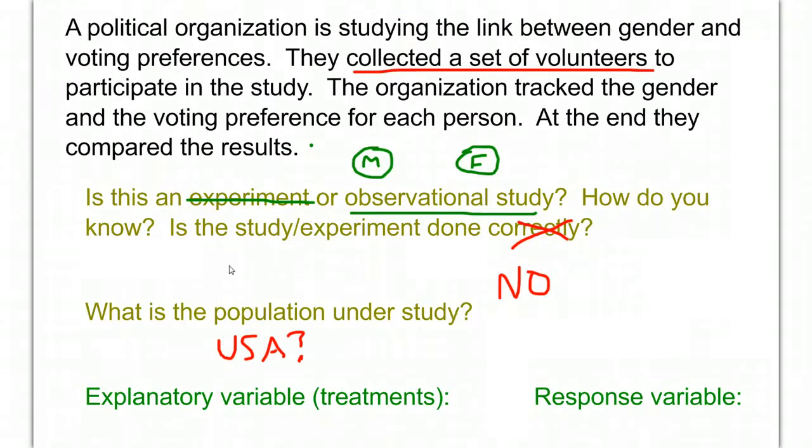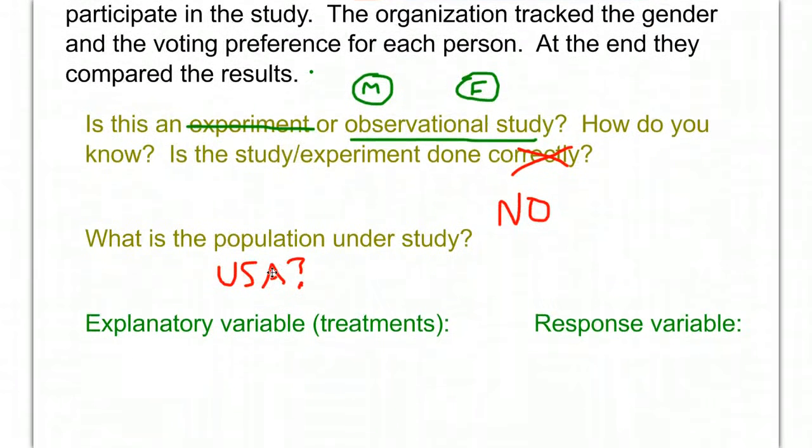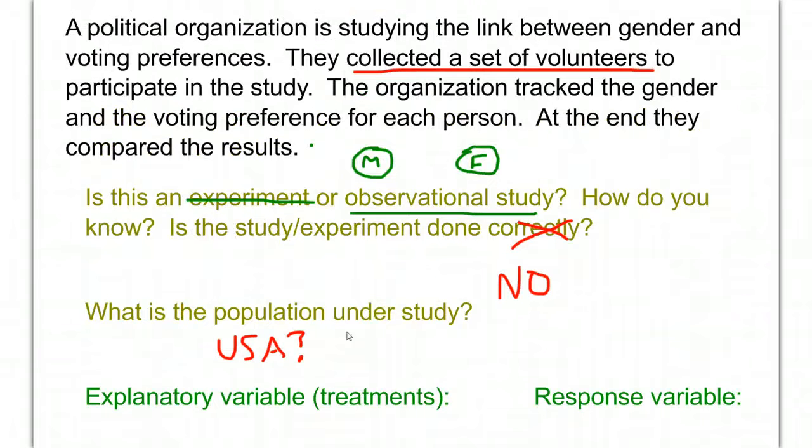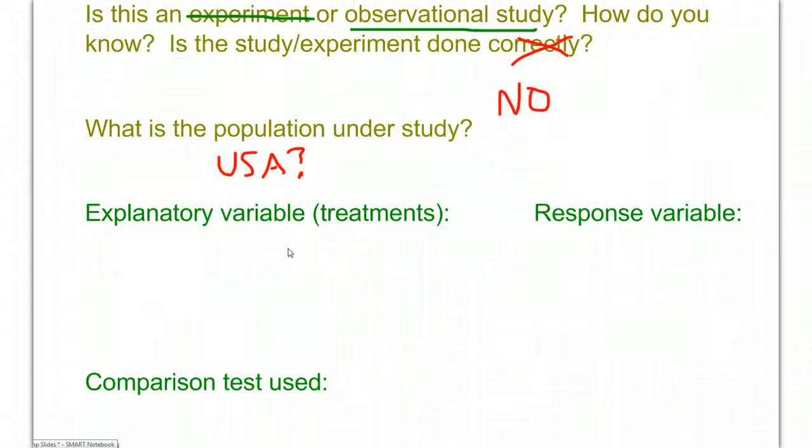And then finally, last one, we had the political organization studying a link between gender and voting preferences. They collect a set of volunteers, and this was the study that we had the fairly worthless results from. We're not sure exactly what population they come from. It's only an observational study, so we can't find causation. And the study isn't done correctly. There's no SRS involved. So when we make this claim, we can claim almost nothing.